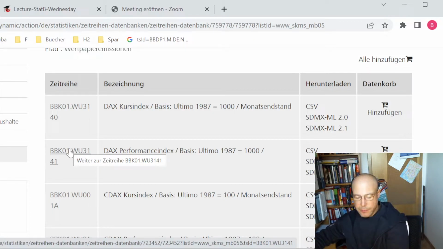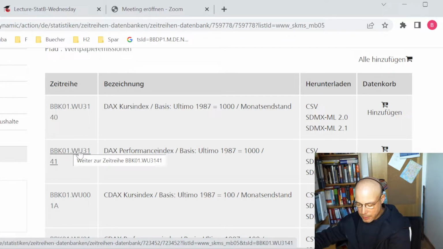Maybe you know this from other courses: the number you see every day in the news for the DAX is the number of the performance index, where the dividends of the shares are directly converted into the DAX.